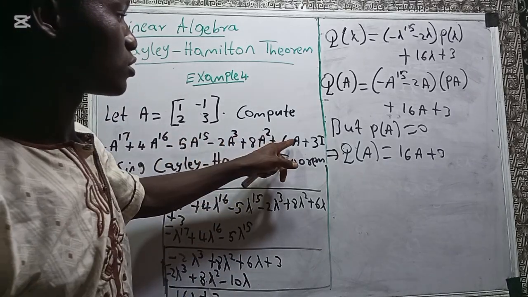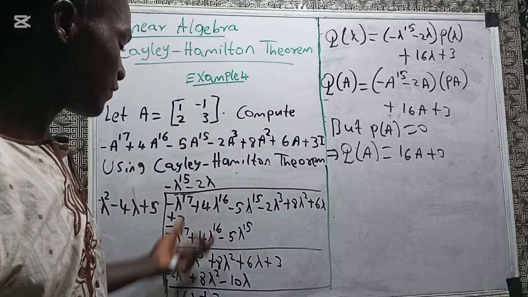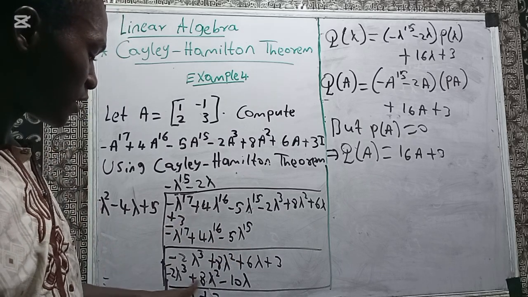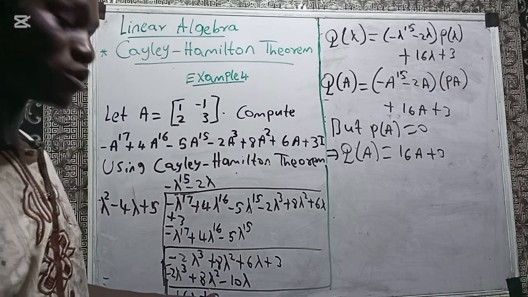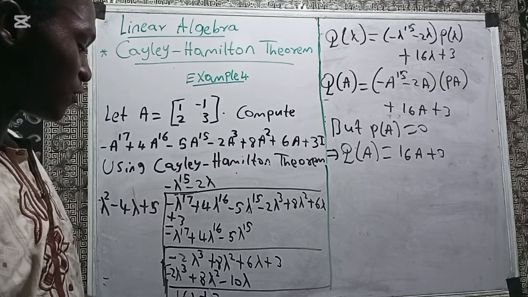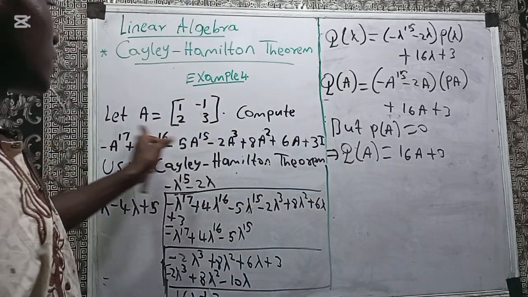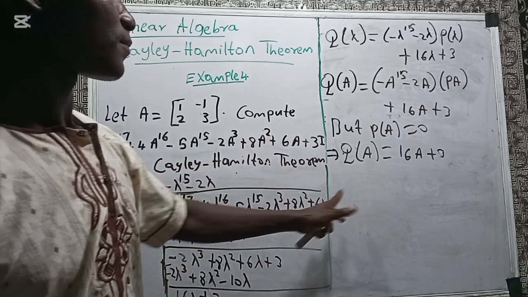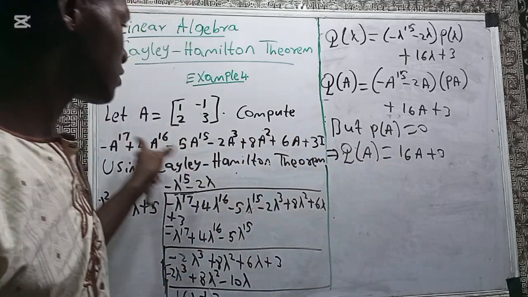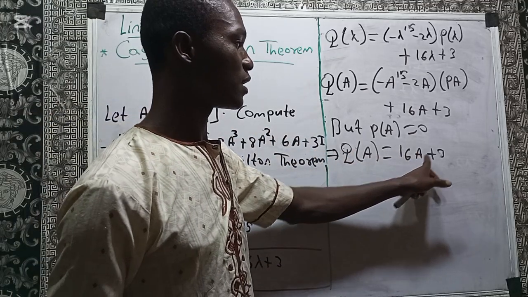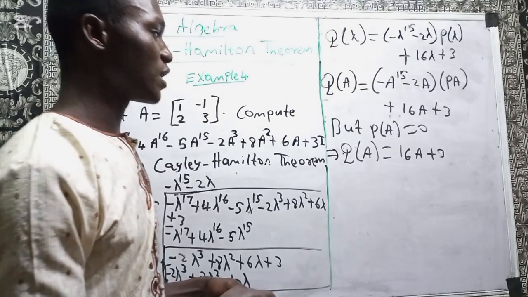Simply, it's just this long expression. To reduce this after the division, the remainder is 16 lambda plus 3. So you substitute A for lambda in the remainder. That will give you this long expression, the Q of A. So now all this long expression, 16A plus 3 is the equivalent of it.